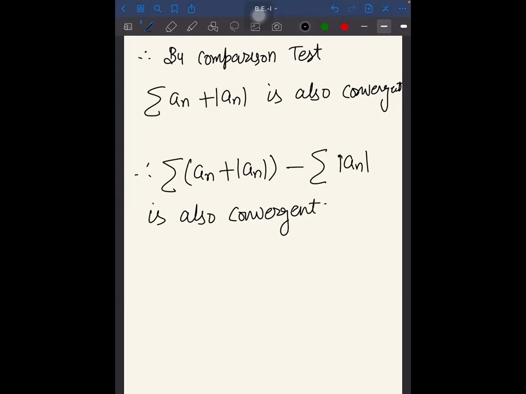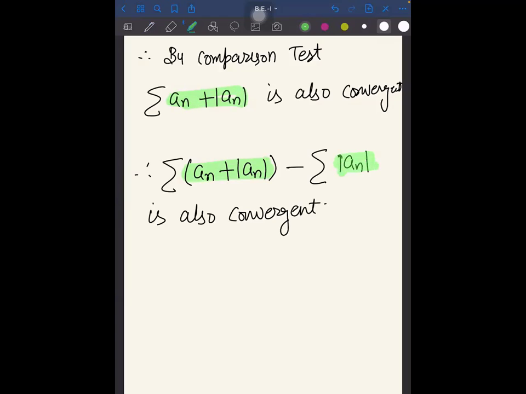Is it true? Why? Convergent minus convergent is convergent only. Of course, the difference of two convergent series. We have already proved that this is convergent by comparison test.